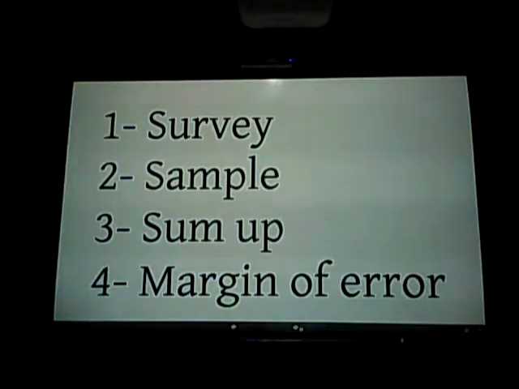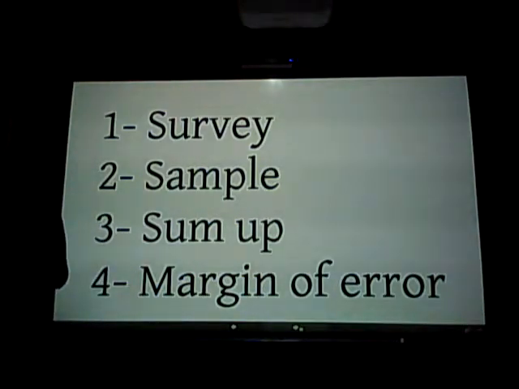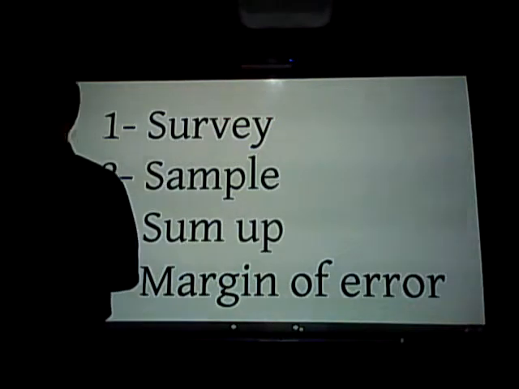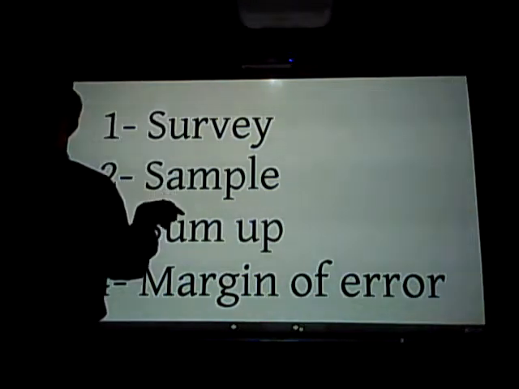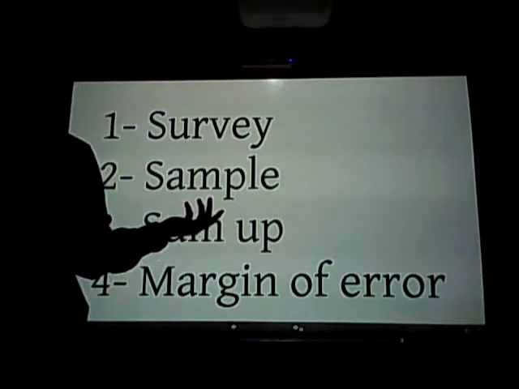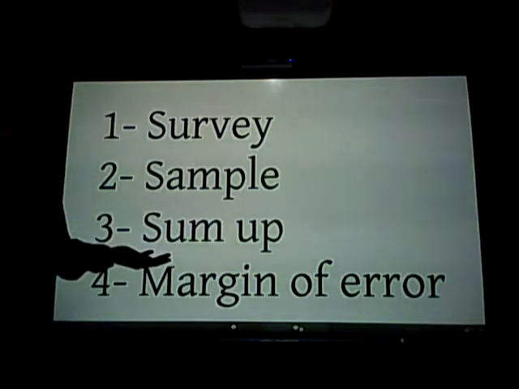If you randomly call people in the city of Richmond, there is a 70% chance you're going to get a Democrat on the line. And there's a 30% chance you're going to get a Republican. So by randomly calling, you're ensuring that the answers you get are reflecting the whole population.